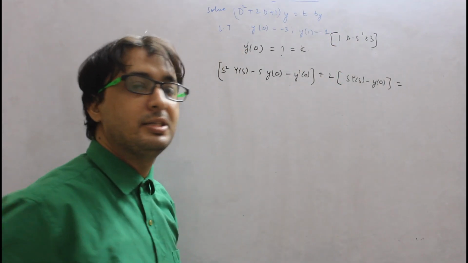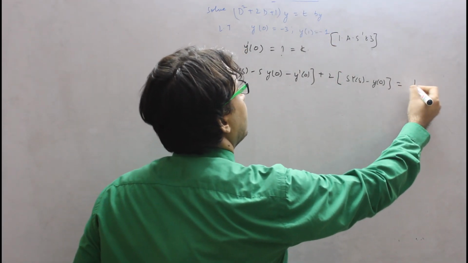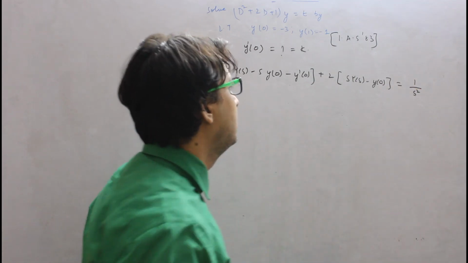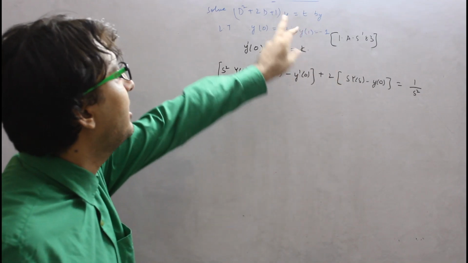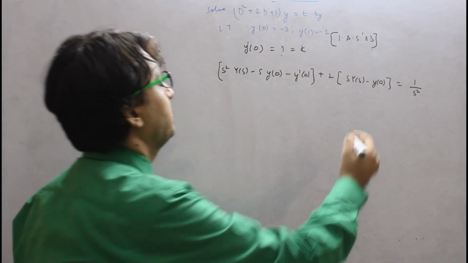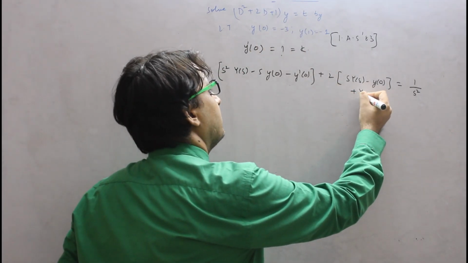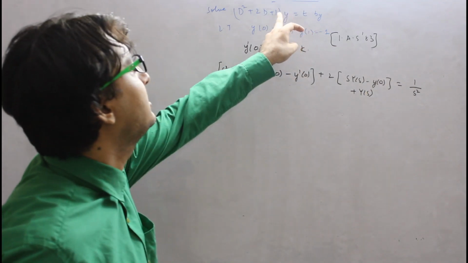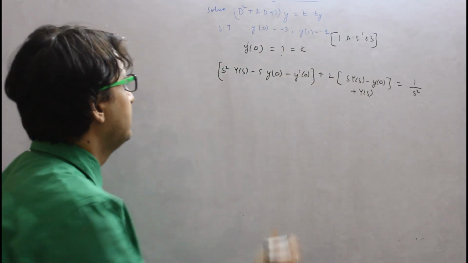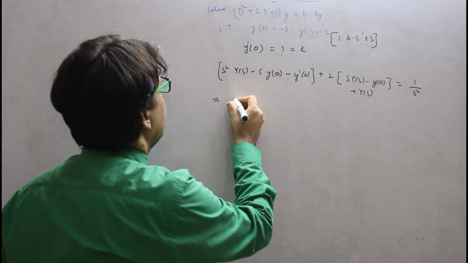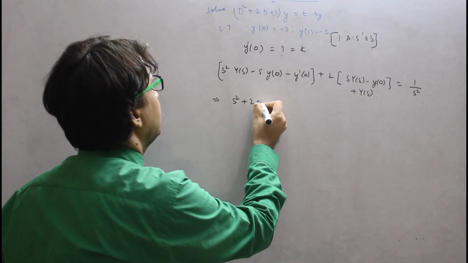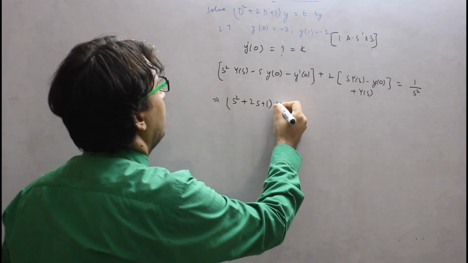Laplace transform of t is 1 by s squared. Alright, now you can collect the coefficient, and we must be very careful. When we take the Laplace transform of y, that becomes Y(s). So we can collect the coefficient of Y(s) here, here and here. That becomes (s squared plus 2s plus 1) Y(s).